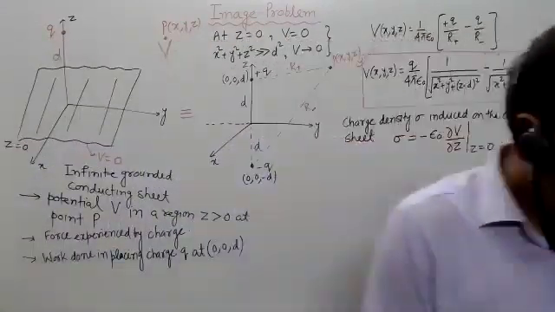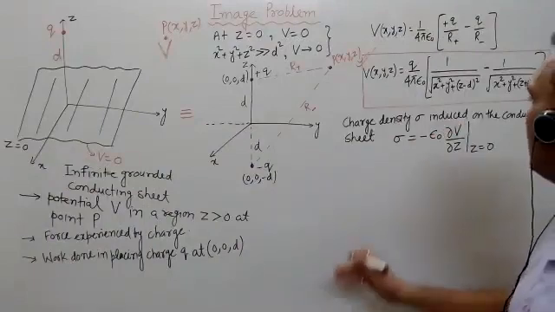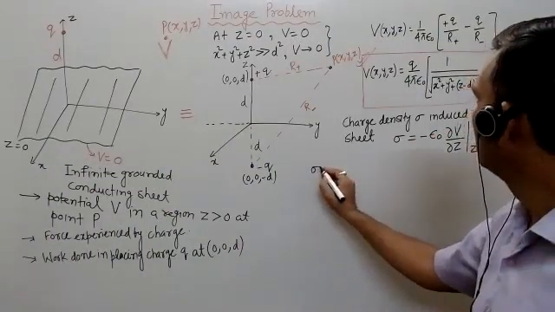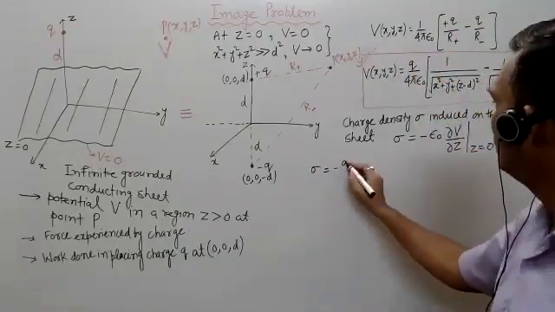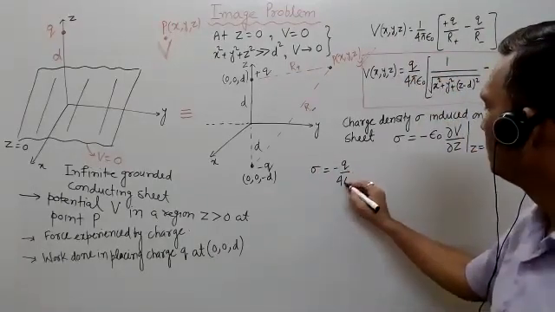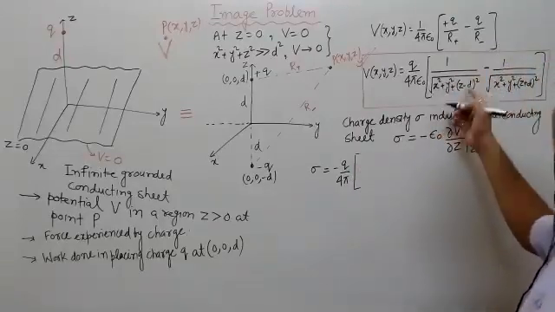So just differentiate. So we can find, in this case, sigma is given by, if you multiply with minus epsilon naught, this is minus q by 4 pi. And what will be del V by del z?